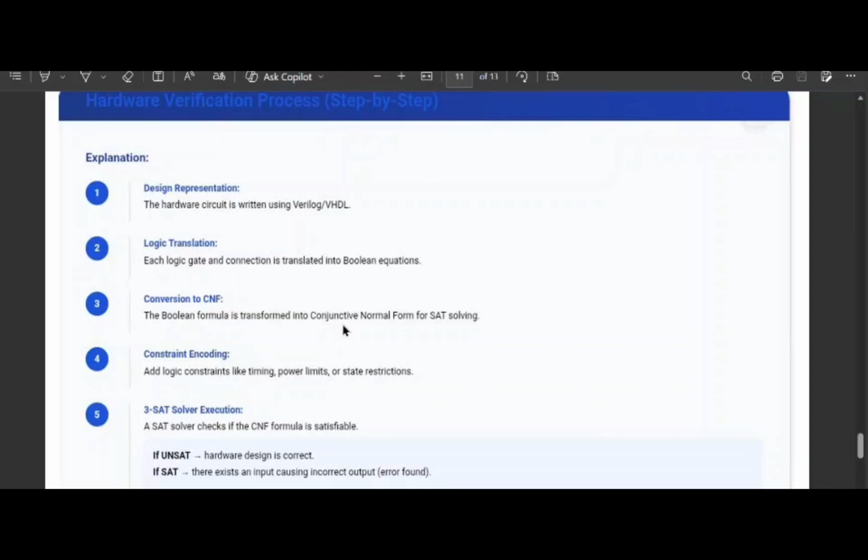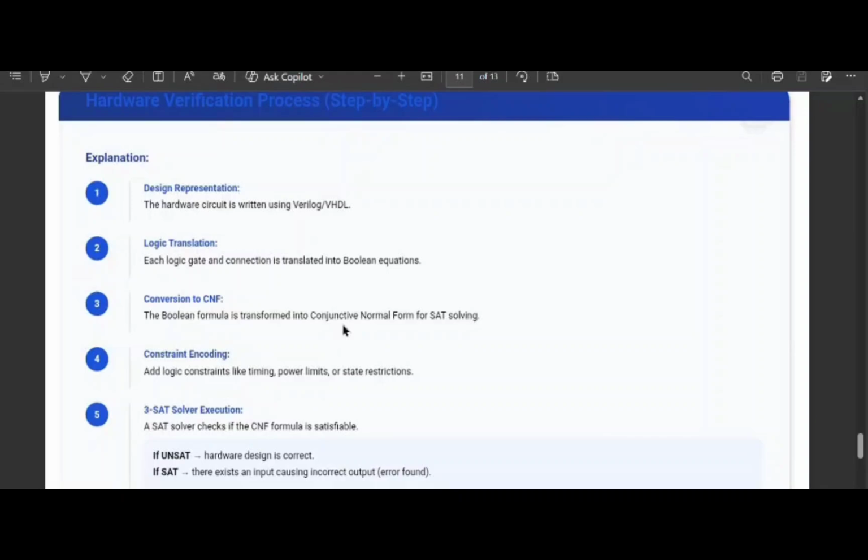This code defines the gate connections and behavior, because SAT cannot read HDL directly; it only understands logic. Logic translation.